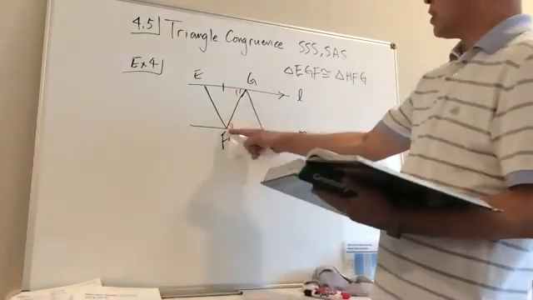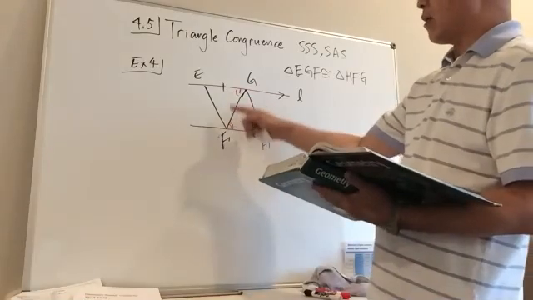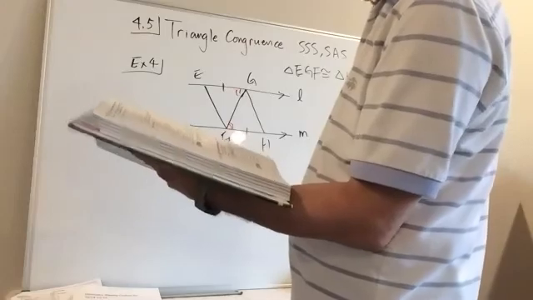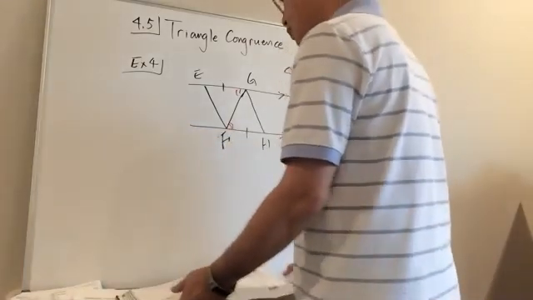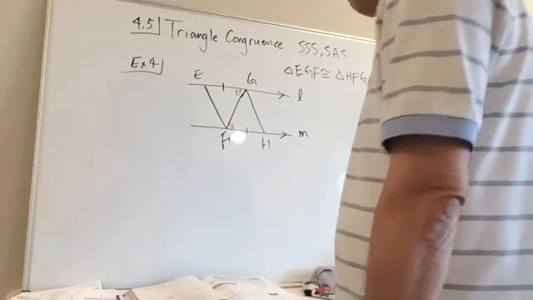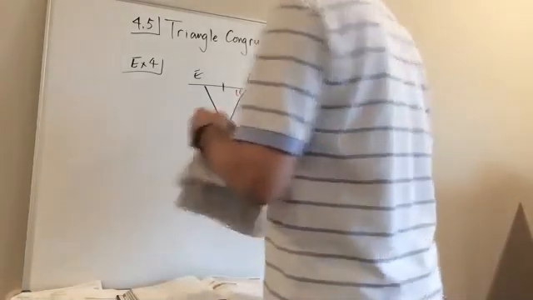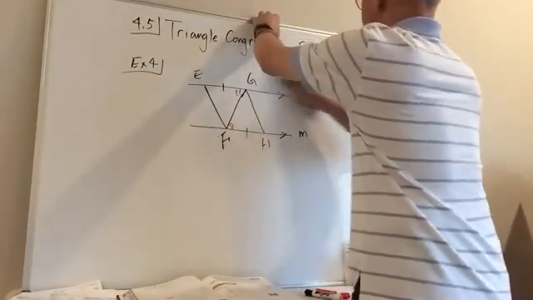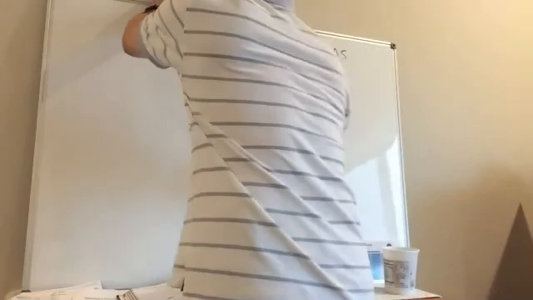In other words, this guy here is shared in both triangles, and therefore they are congruent due to side-angle-side. Okay? All right, any questions there? Are we good? Do you feel a little lost, or hopefully this makes a little more sense?